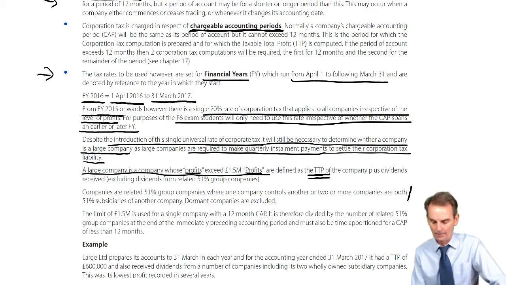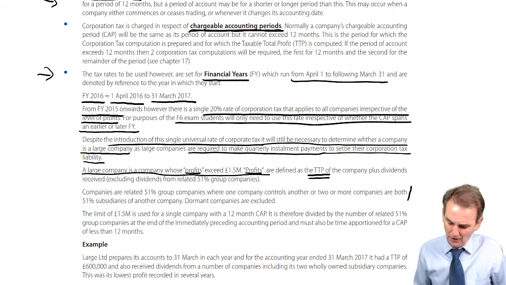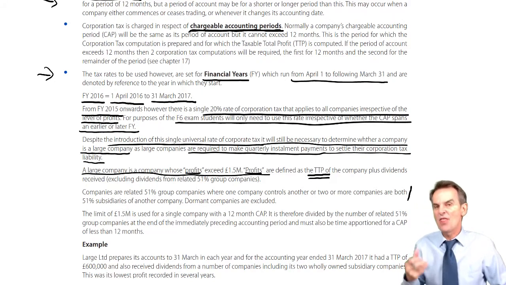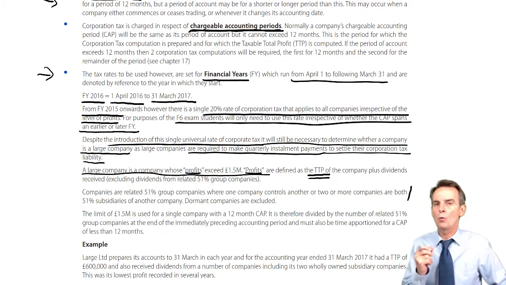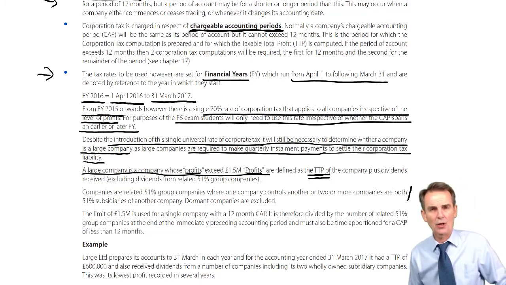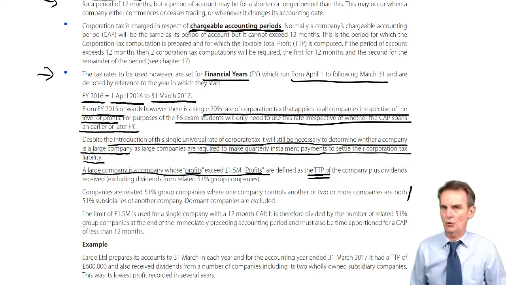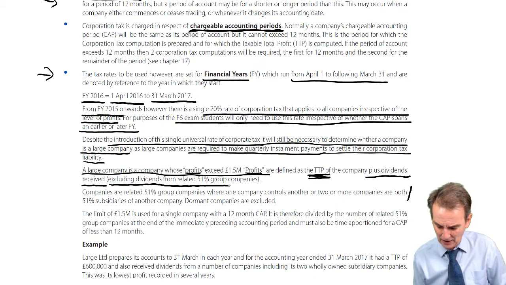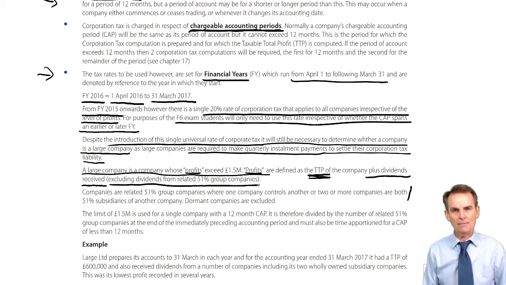Taxable total profit. So profits are defined as the taxable total profit, obviously by its name, the figure of profit that will be charged to corporate tax. But in determining whether the company is large and therefore may have a need to make quarterly instalment payments, we take that TTP and add on to it dividends received, excluding dividends from related 51% group companies.